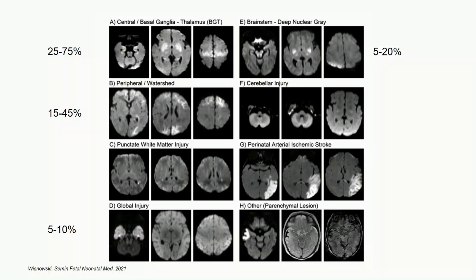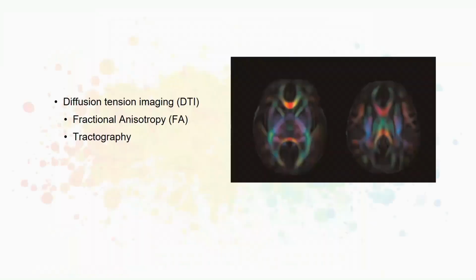You also get watershed injury. You can have global injury if it's very severe. And this is diffusion images of different conditions. I won't be going into DTI. I think David Edwards will mention that in a whole session tomorrow, but that's also based on diffusion. You can see tracts of myelin.